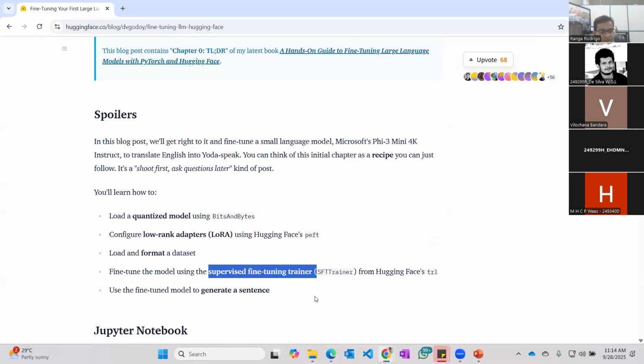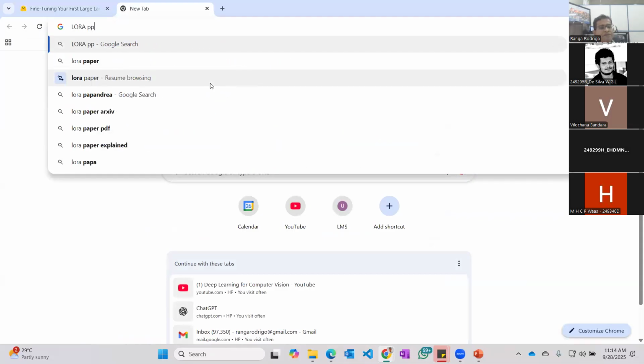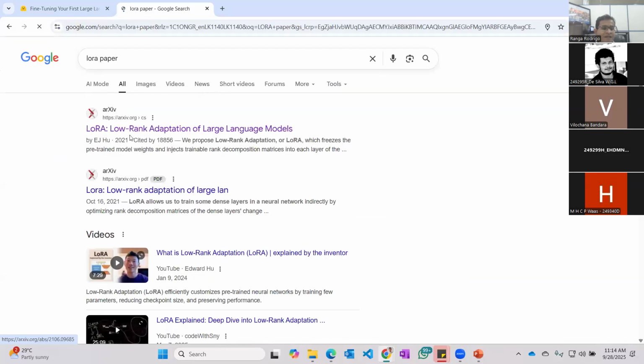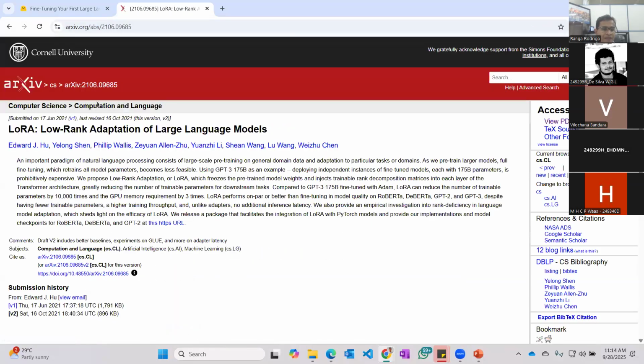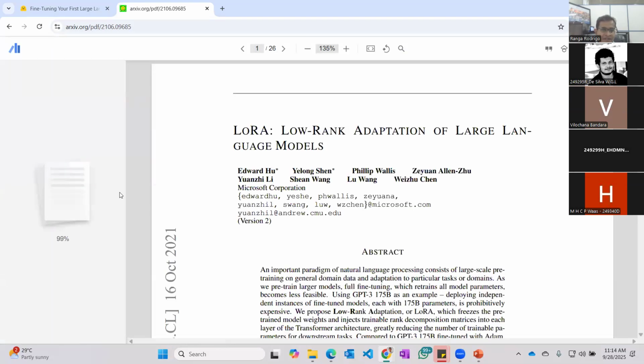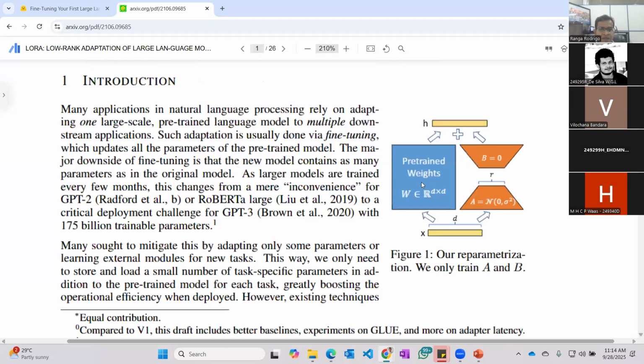So what is LoRA? If you take LoRA, you can see these transformers have the so-called WQ, WK, WV matrices.